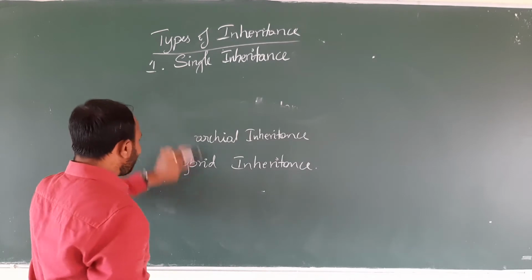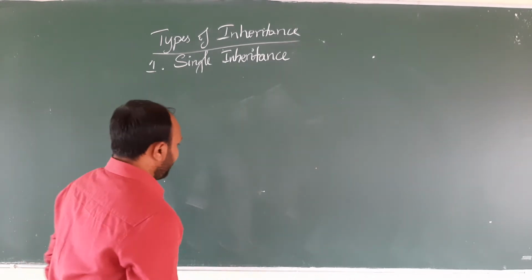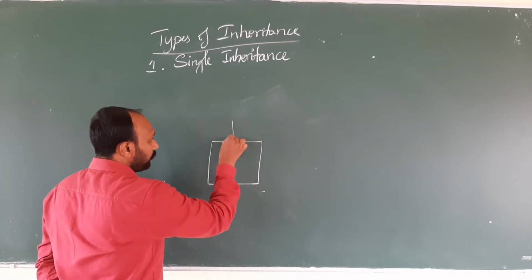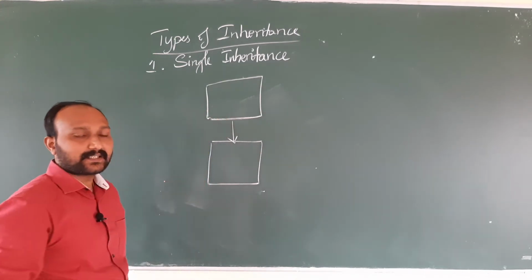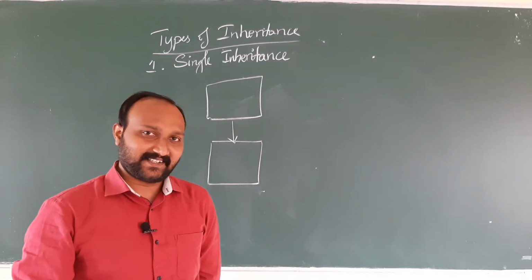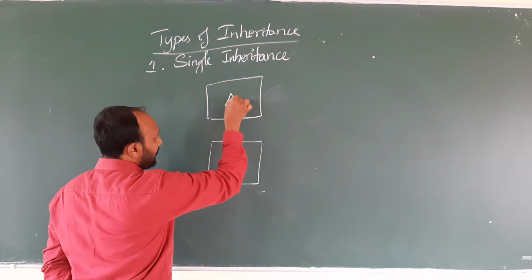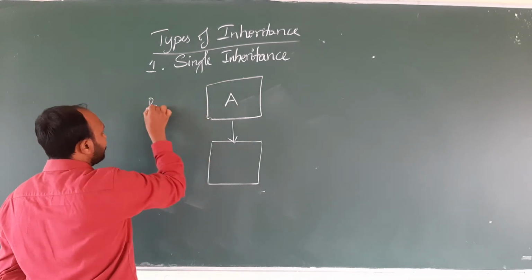So, what is single inheritance? Deriving a new class from only one base class is called single inheritance. Okay, please notice here. Let us say that we are having a class by the name A. So, this is a base class.